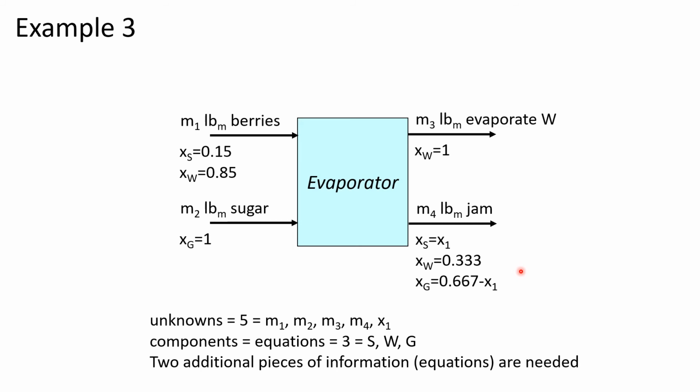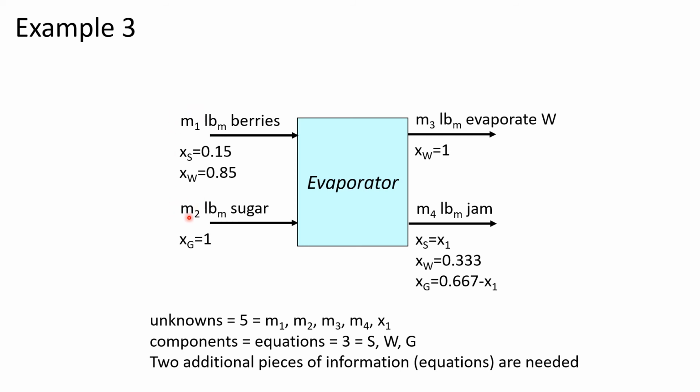So let's determine if the problem is solvable. For this steady state process that has no chemical reactions, what that means is that the number of unknowns has to be equal to the number of equations that we can write, which is equal to the number of components. So let's count the number of unknowns. If we go our way around, we'll start up here on the upper left. M1 is an unknown.